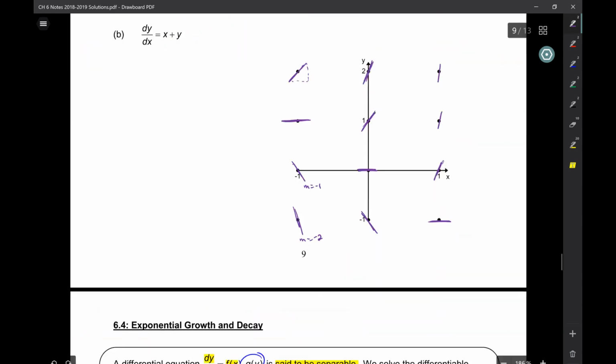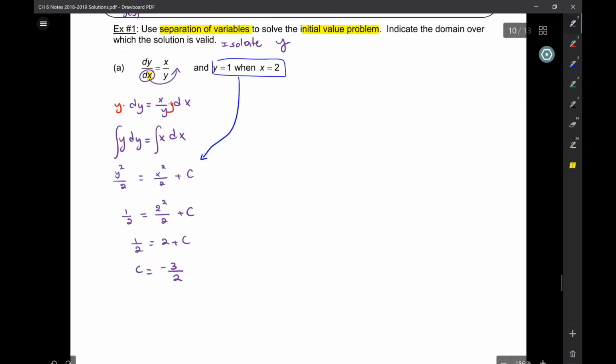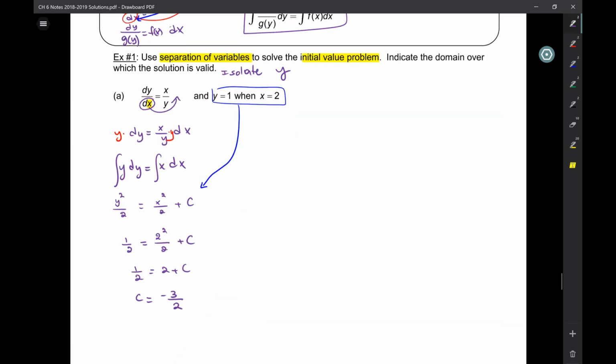Okay, so now let's plug it back in. What was our equation? Y squared over 2 equals x squared over 2 plus c, and that's what c is.